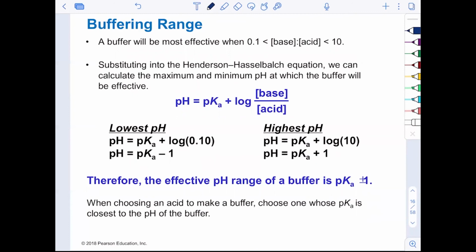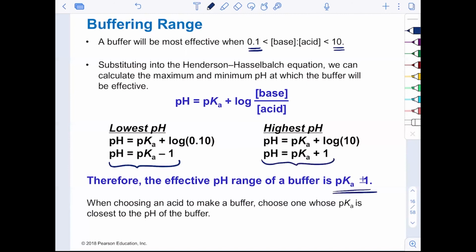So substituting into the Henderson-Hasselbalch equation, we can calculate the maximum and minimum pH at which a buffer will be effective. If you take that low end, you want the base to acid ratio to be at least 0.1, then you would see that the lowest pH would be pH equals pKa minus 1. If you took it on the high end, pH is equal to pKa plus 1.